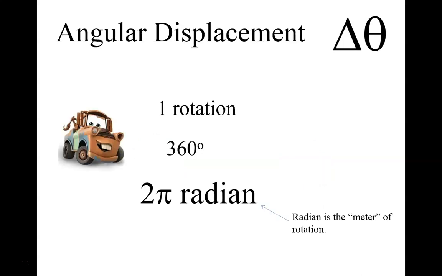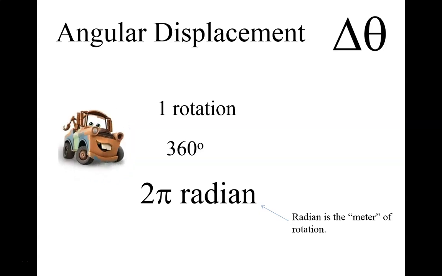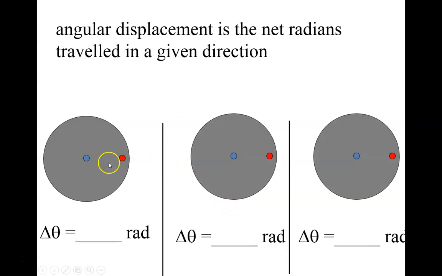When we talk about angular displacement, we can say something makes one complete rotation. It rotates 360 degrees, or something makes 2 pi radians. So radians is the unit of choice that we want to be using when we're using the equations. This one right here, we would say moved half of a rotation, so that would be equal to pi radians.